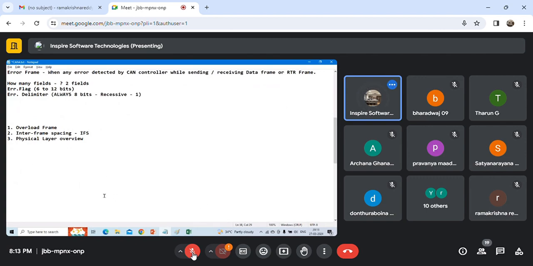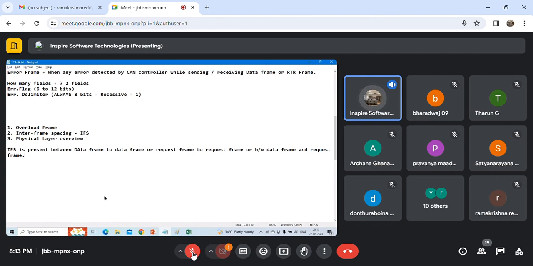Interframe space is something present between data frame to data frame, or request frame to request frame, or between data frame and request frame.